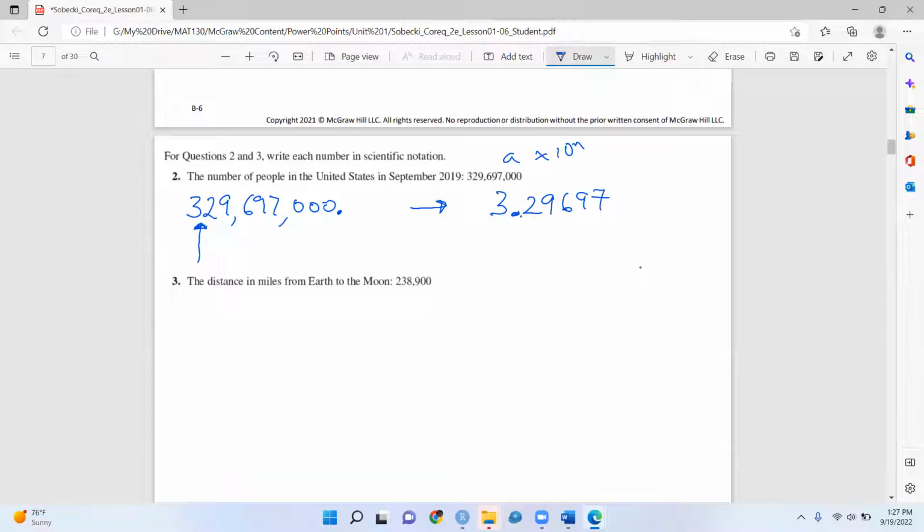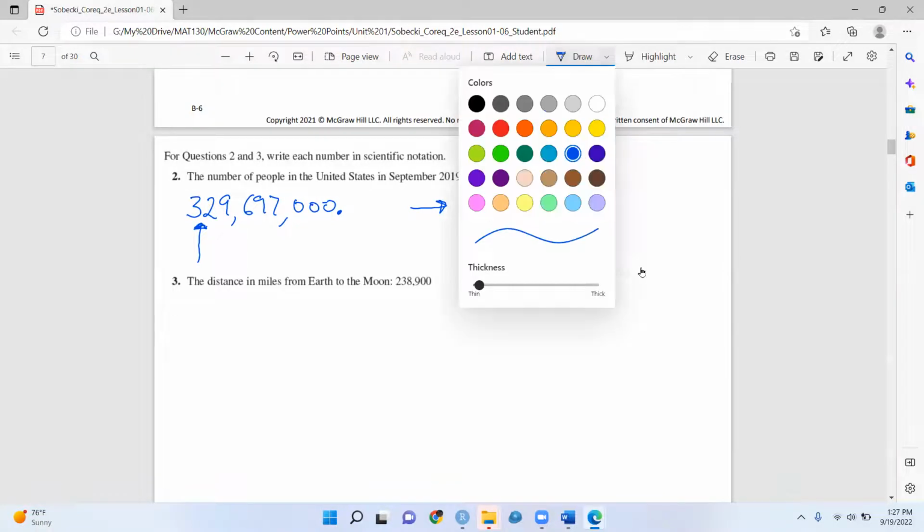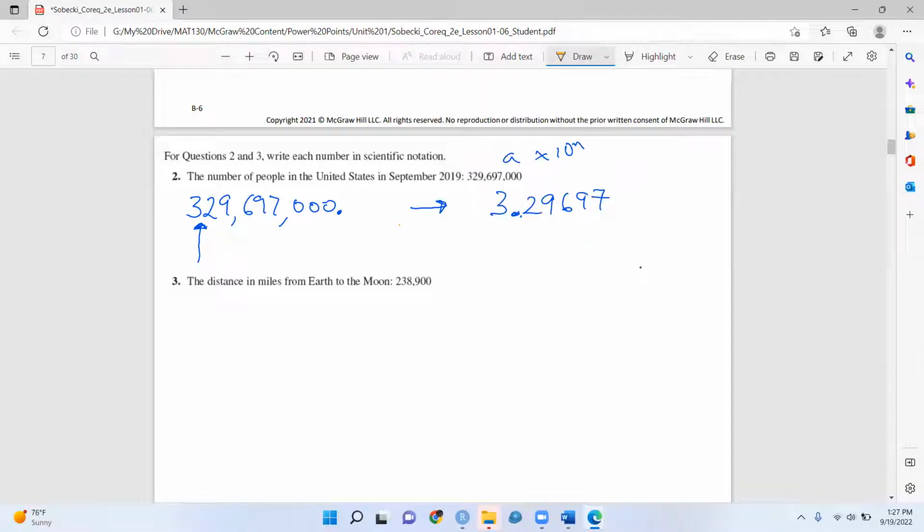Now, what I have to think about is how much smaller did I make this number? It's 329 million and it became 3.29, so it got a lot smaller. One of the ways we can do that is just counting. How many decimal places did I move this thing? 1, 2, 3, 4, 5, 6, 7, 8.